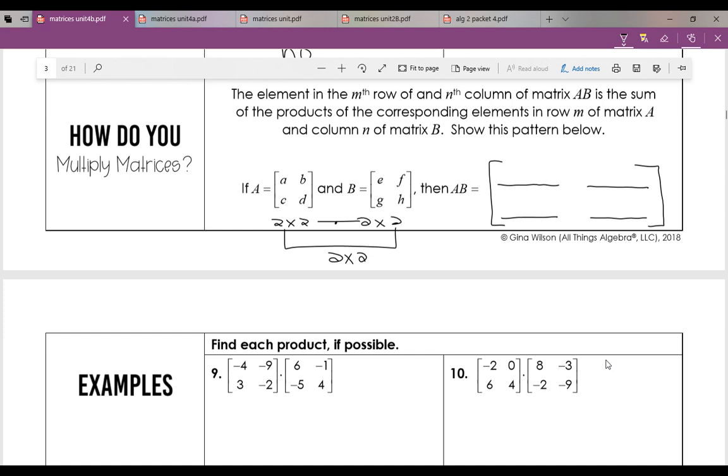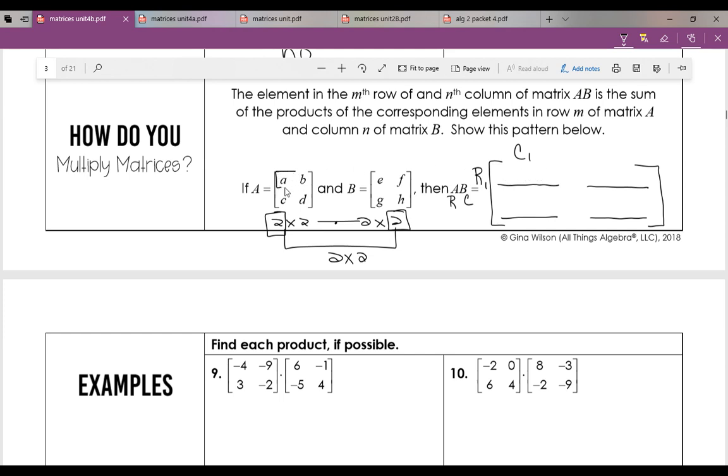It doesn't matter if the matrices are bigger than a 2 by 2, smaller, or different dimensions, as long as you say yes, you can multiply them. There's a method to the madness. We're going to use the rows from the first one and the columns from the second one. This number would represent row 1, column 1.